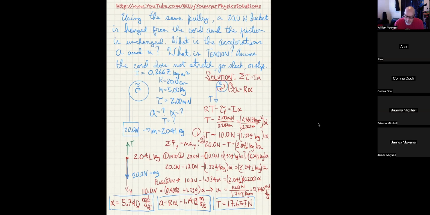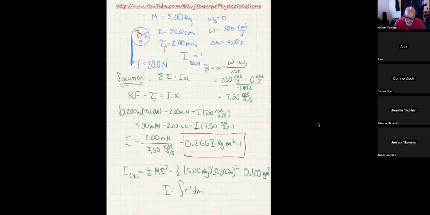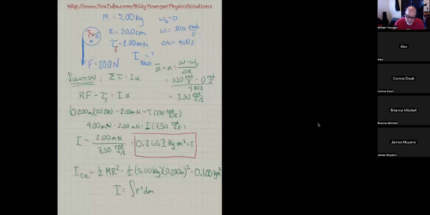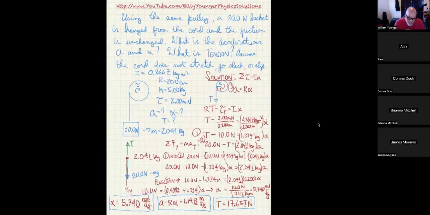So we got a tension that's smaller, and then whatever's left is really the only tension that's on it. So that's about 2.35 newtons is pretty much all that rotated it. So we got a much smaller acceleration. In fact, the acceleration for the previous one was 7.50 radians per second per second. We got 5.74 radians per second per second.